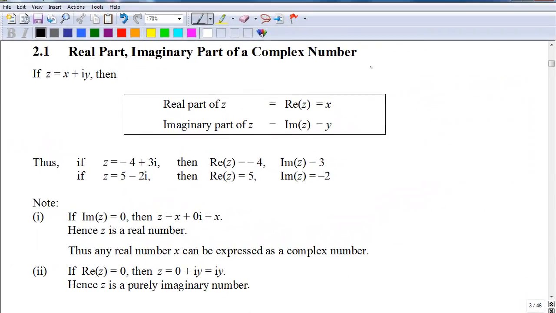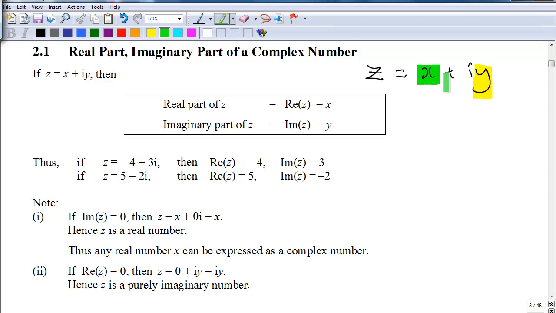Previously, we said that a complex number Z, when written in its Cartesian form, will look like this: Z equals x plus iy, where x and y are real numbers. There are special names given to the part that is attached to the i, as well as the part that is not attached to the i.